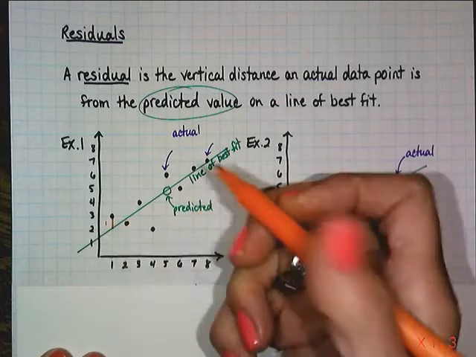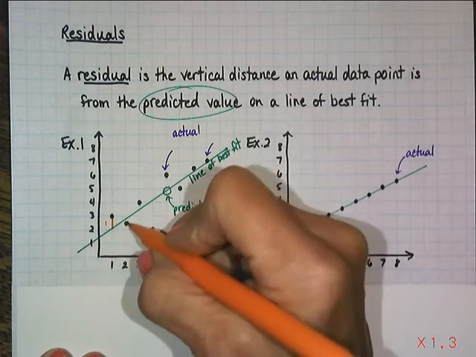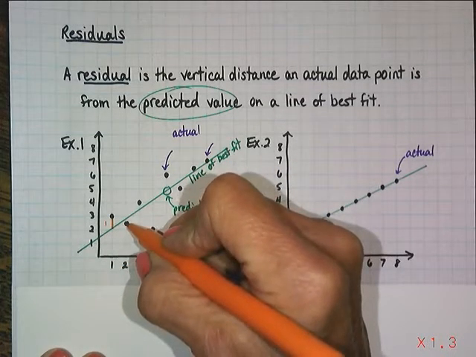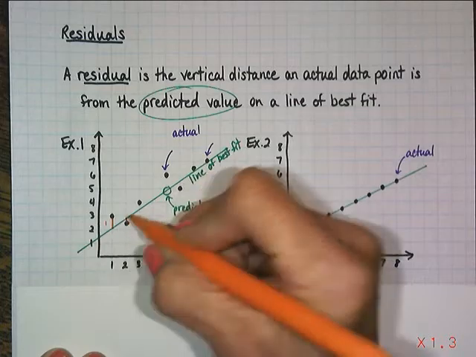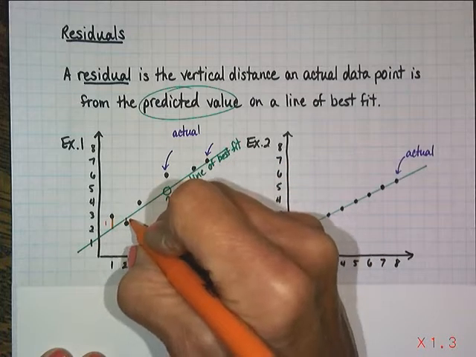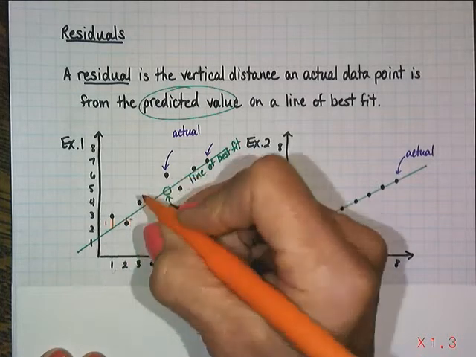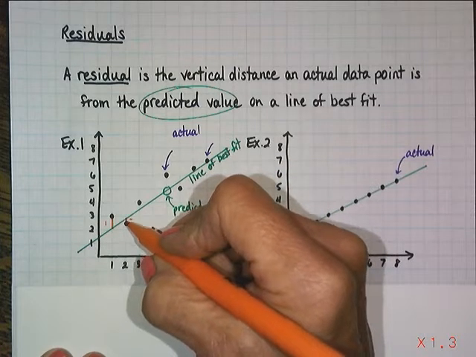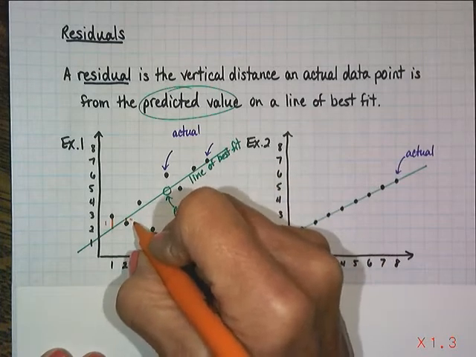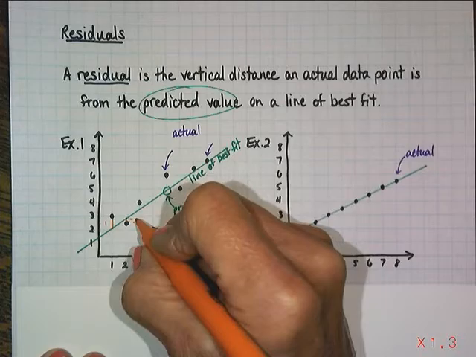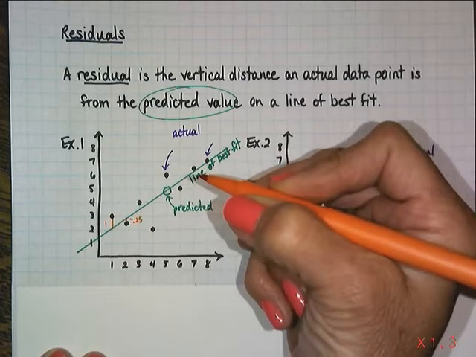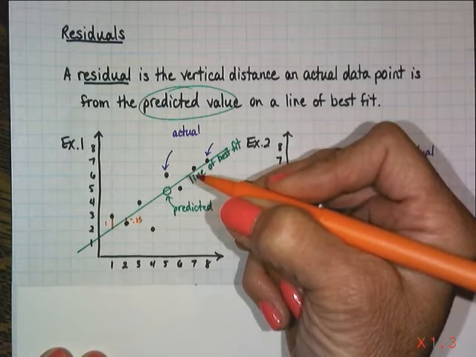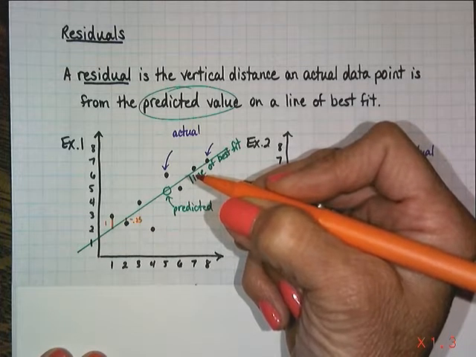When x is 2, this dot right here, an actual value, is a little bit below my predicted value, so I'm going to say it has a residual of negative, this is tough, it's about 1/4 of a unit away from the line, so negative 0.25. What you're doing is just trying to describe the distance each point is from the predicted value.